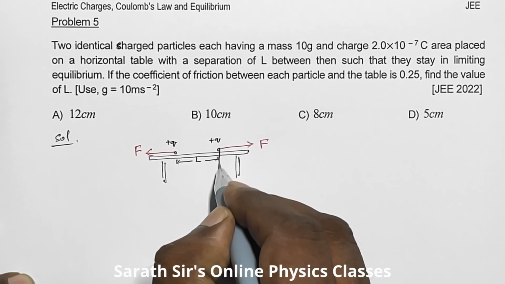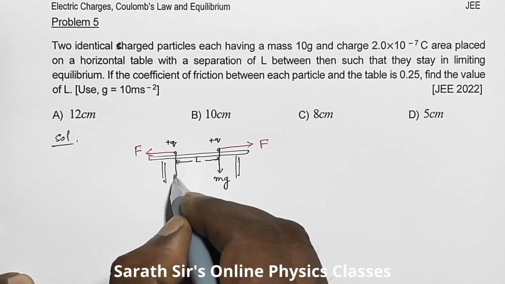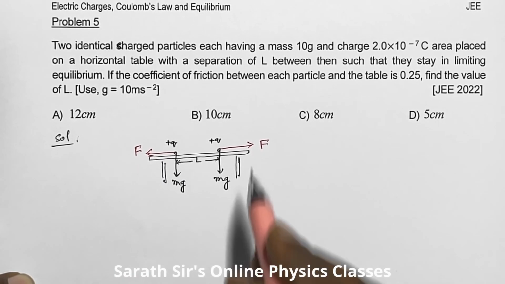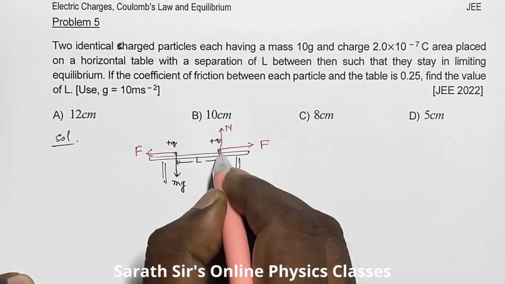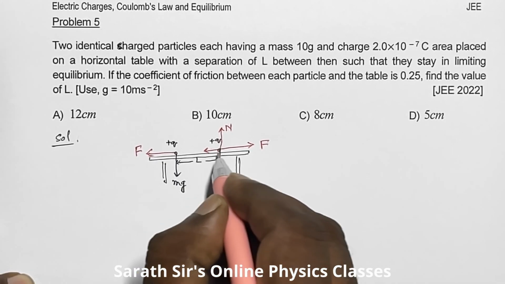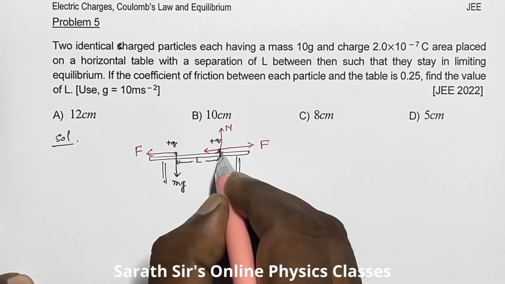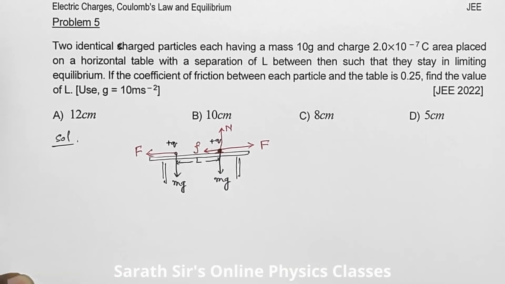So this is the direction of weight acting on those particles, and this is the normal reaction, and this is the direction of the friction between the surface of the table and the particle, at the point where they come into contact. In this direction the frictional force acts.